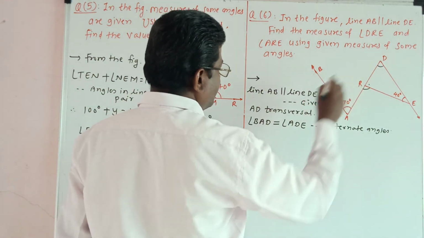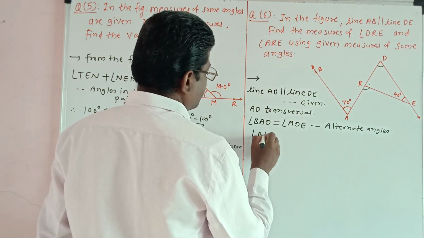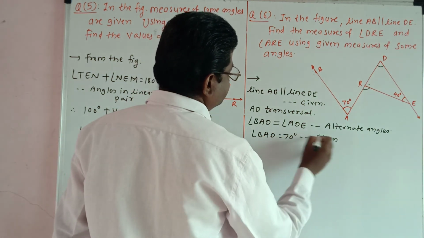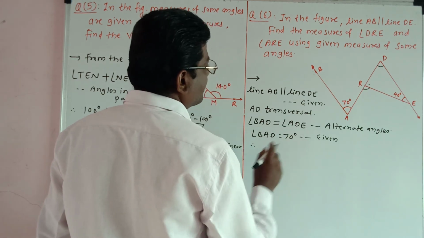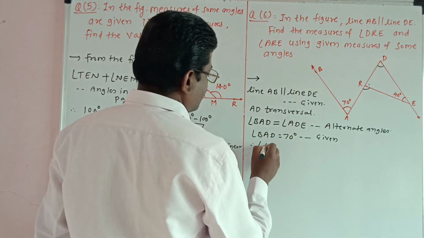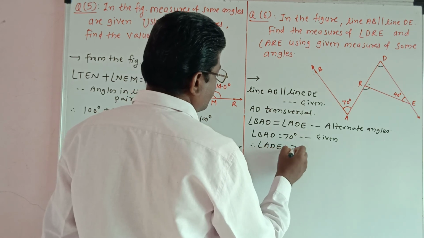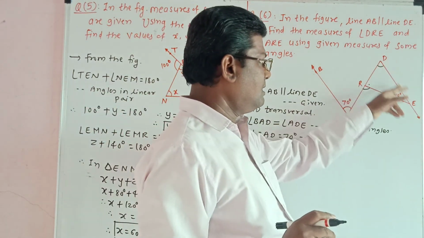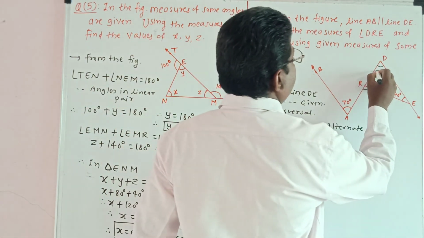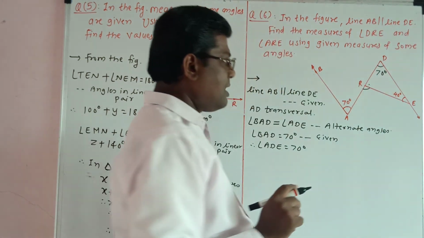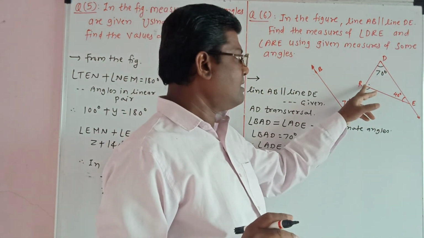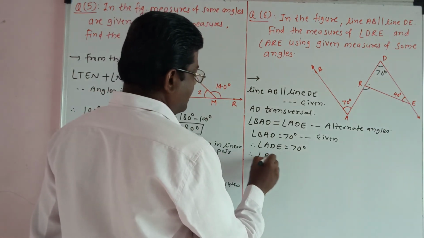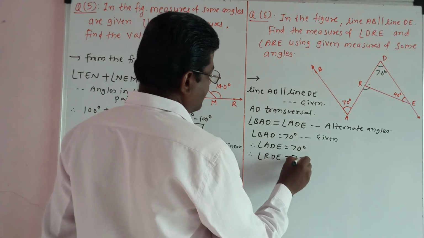Now angle BAD is equal to 70 degree. It is given. Therefore angle ADE is equal to 70 degree. Now angle ADE means angle RDE. Therefore angle RDE is equal to 70 degree.